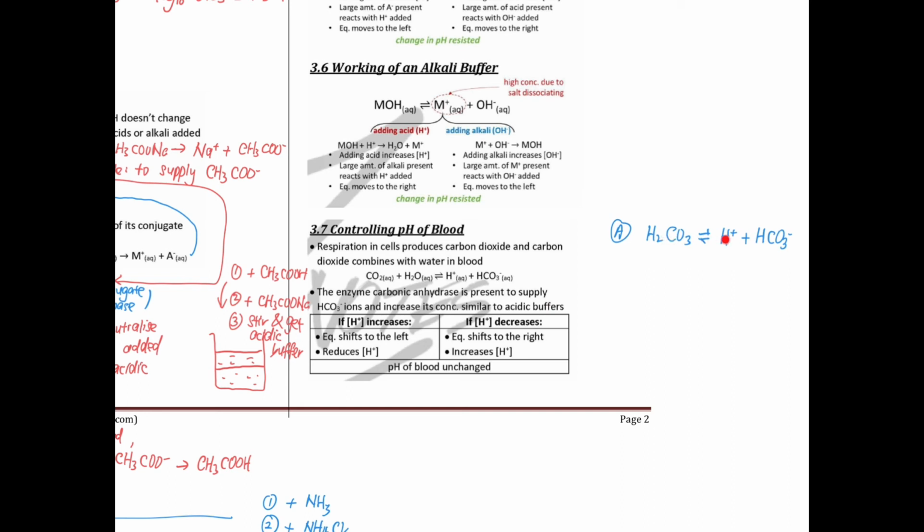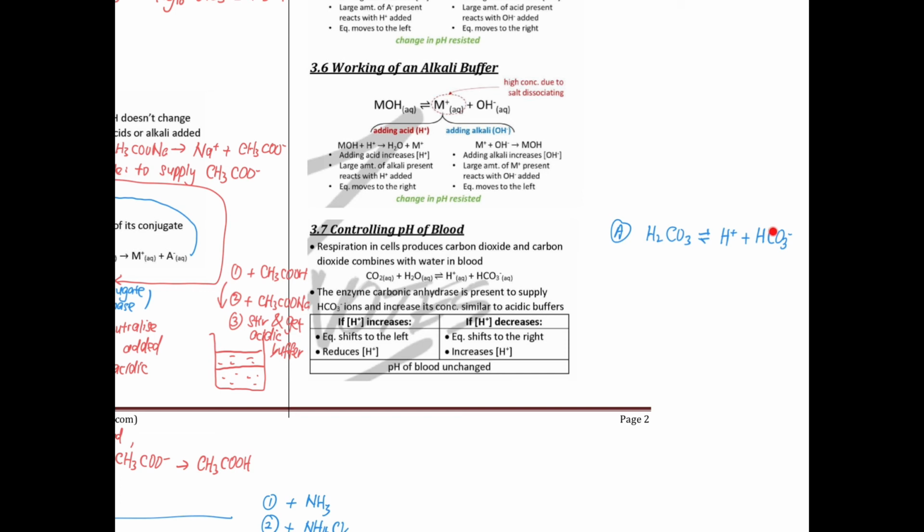It dissociates partially, so the amount of ions is very little. And because this amount is very little, the enzyme works on that. The enzyme works by producing a lot of HCO3- ions, increasing the amount of this.